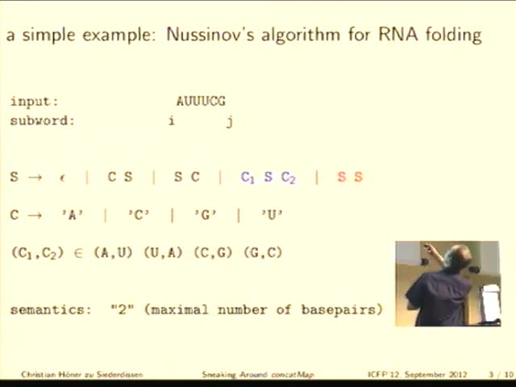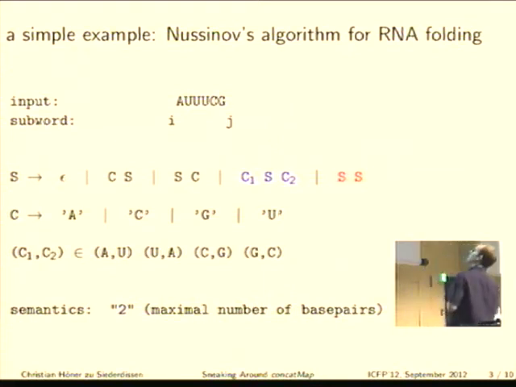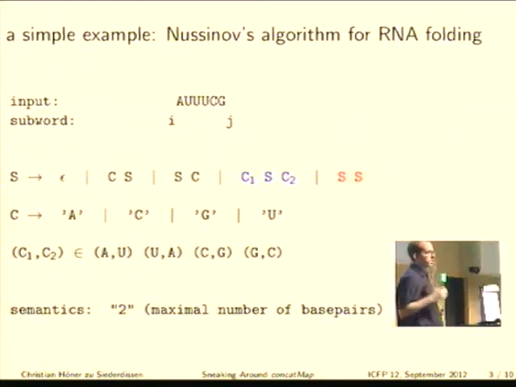We say that a subword is just a pair of indices i, j telling us what the current subword is. So our grammar that we want to consider has one non-terminal S, and we can either parse the empty subword. If we cannot go smaller anymore, we can remove either the left or the rightmost character with a C parser. C parses exactly one character.